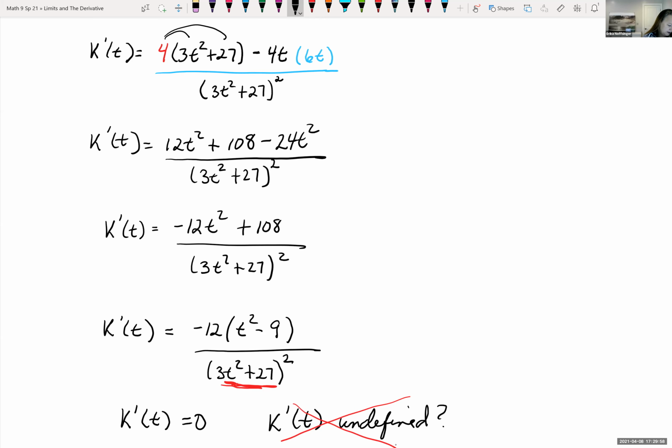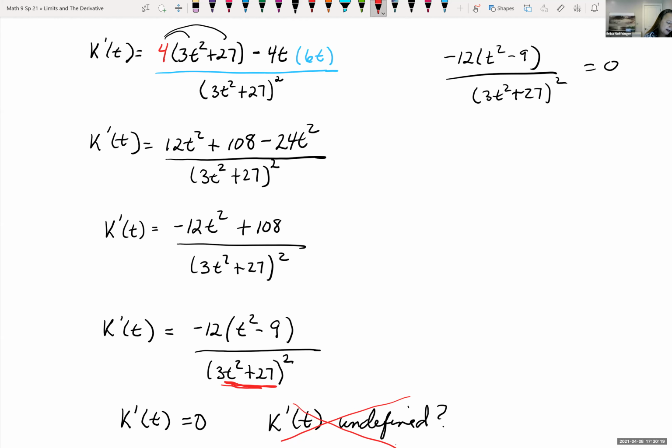Recall when we're, Tuesday, I was telling you guys that when we're looking at a rational function, and when that's equal to 0, we really only have to worry about the numerator, right? Because we can clear our fraction by multiplying both sides by our denominator. Let's just show it real quick.